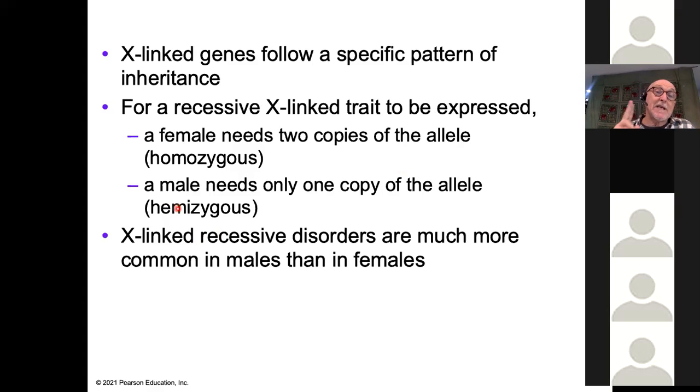She has to be homozygous on the X chromosome to express the recessive. A male, on the other hand, only needs one copy of the recessive because he's only got one X chromosome. He doesn't have another X chromosome to provide a dominant.